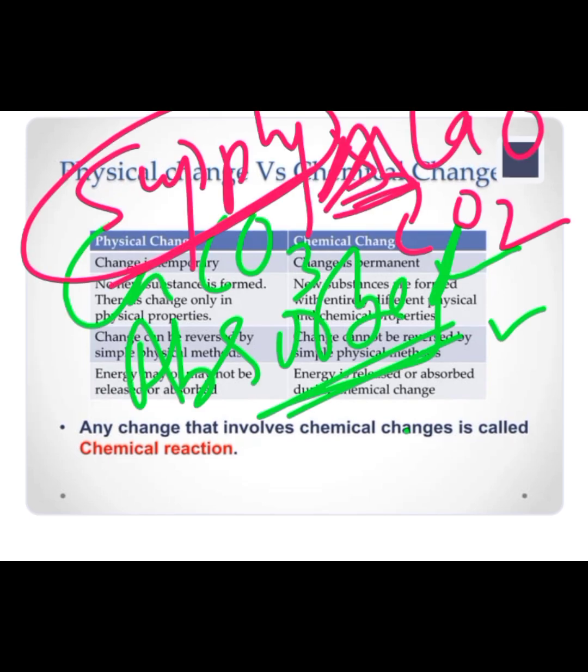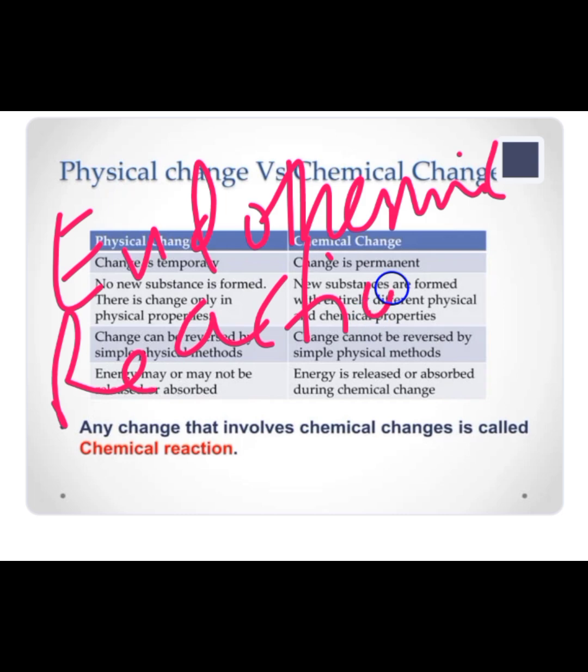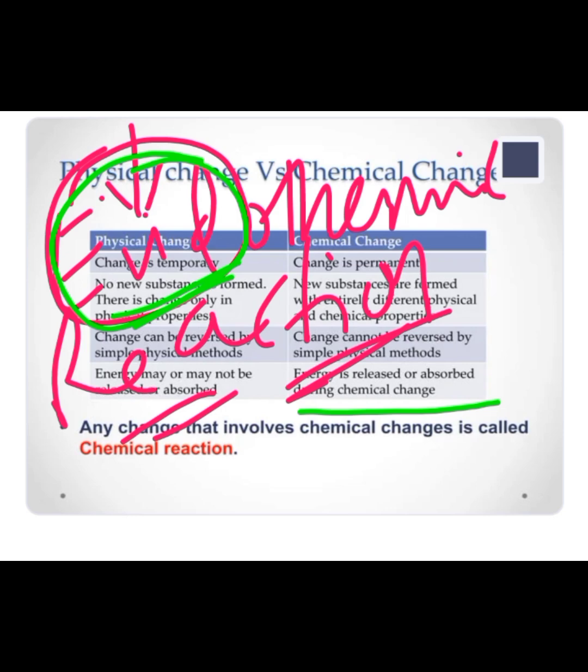Endothermic means heat is entered into the system. Endothermic indicates that heat is absorbed by the system. So this process that is involving the heat in the form of absorption is related to chemical change.